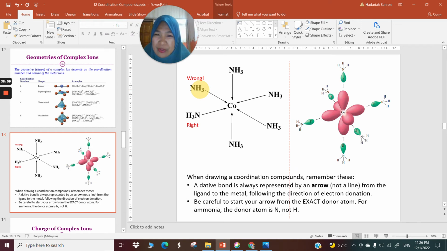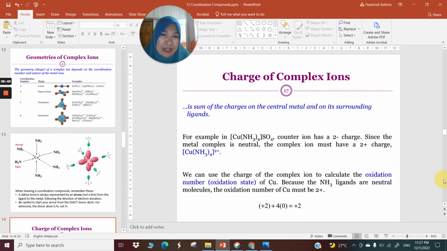So if you draw NH3 like that, where the arrow comes from hydrogen, I'm going to mark you wrong. You must be careful to write your ammonia as H3N rather than NH3 if the circumstances require you to do that. So this is right, this is wrong. That is just a reminder for you to draw your ligands and your arrows carefully.